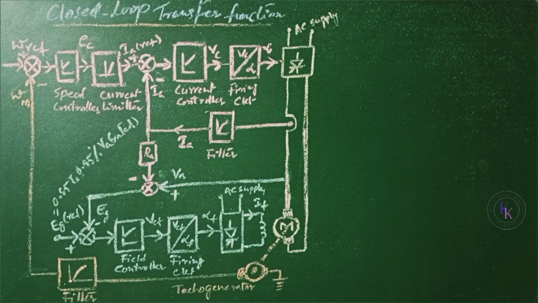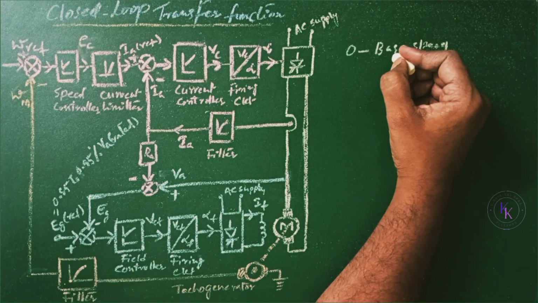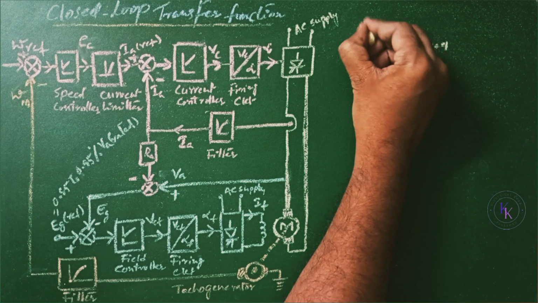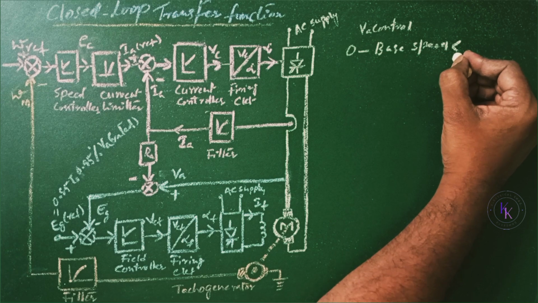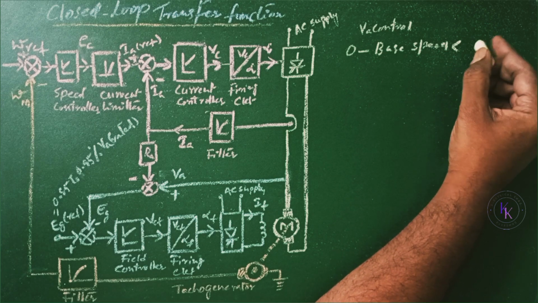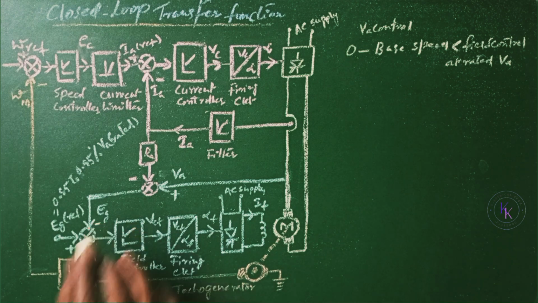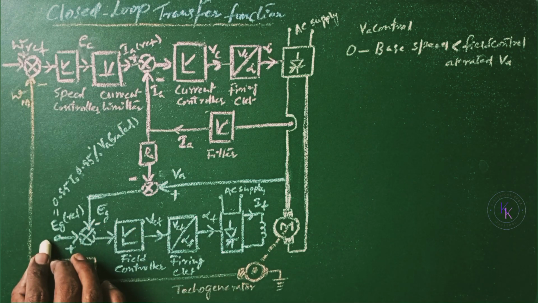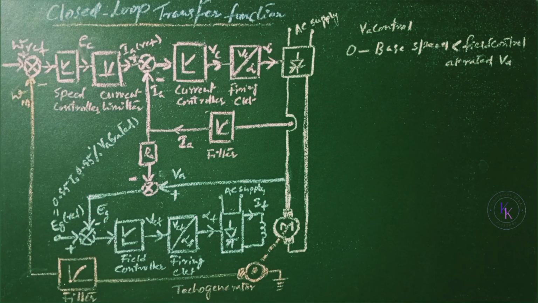The speed control from 0 to base speed is normally done at the maximum field by armature voltage control, and the control above the base speed should be done by field weakening at the rated armature voltage. In the field control loop, back EMF EG is compared with the EG reference, which is generally about 0.85 to 0.95 of the rated armature voltage.